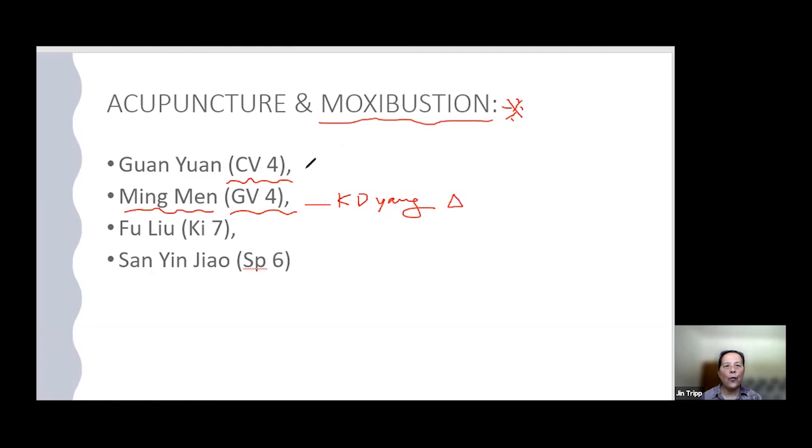And Ren 4, where the original qi is located. For a patient with yang deficiency, including qi deficiency, you can go for moxa, middle or lower. And Kidney 7, which regulates water and also works for the kidney.